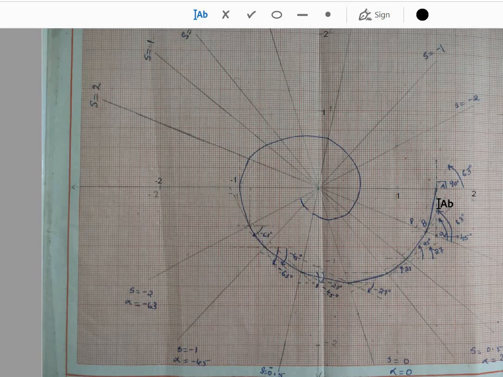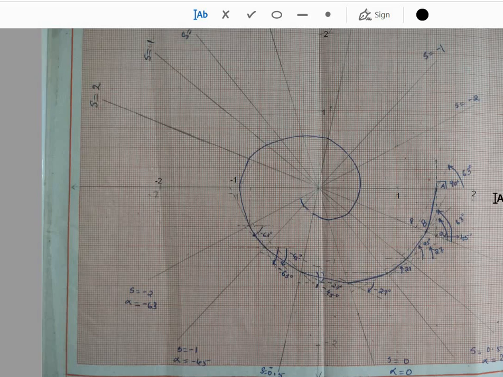Since we are doing it by hand, you have to select it in such a way that there is some minimal distance but not more distance. So if you select points like this and draw one or two isoplanes, you will get an idea about that.